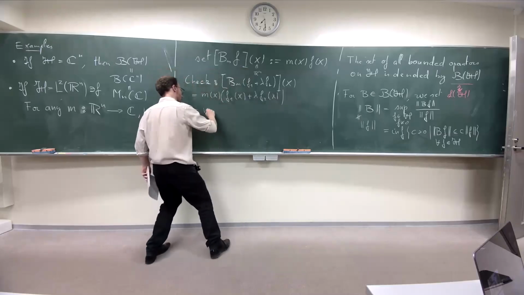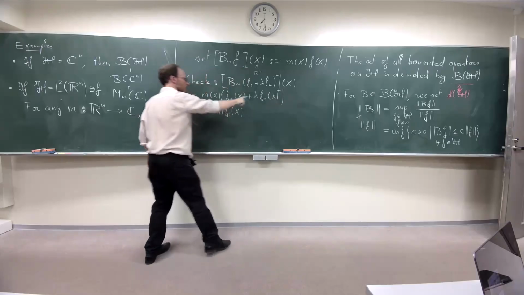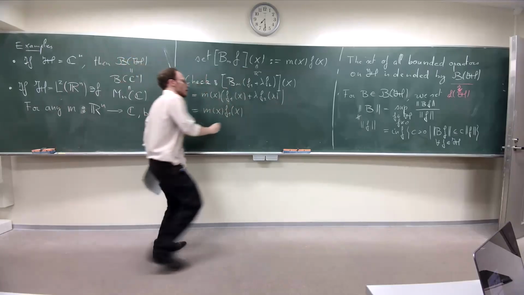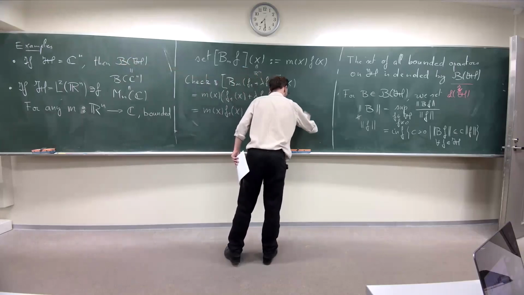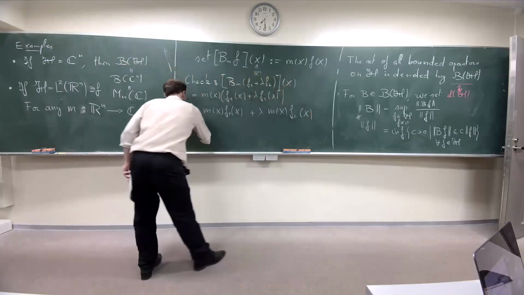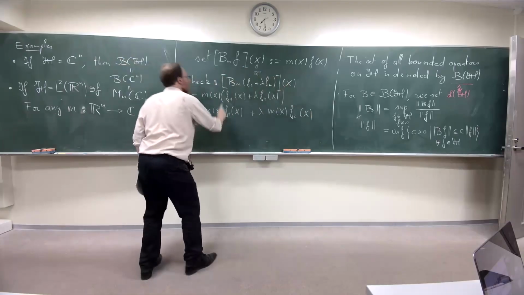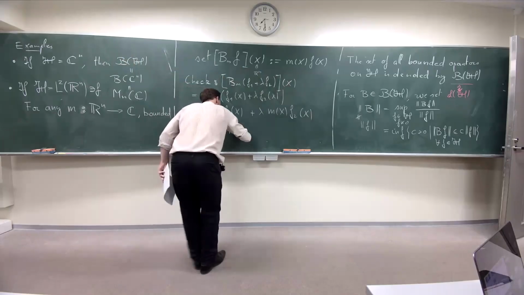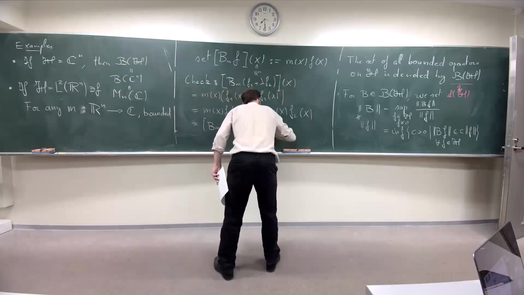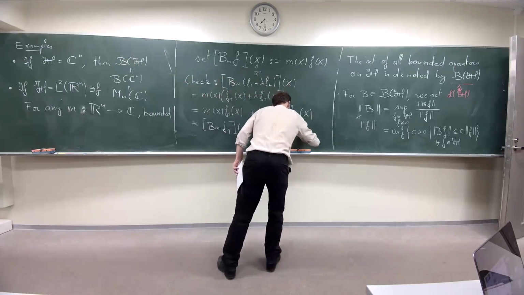This is m of x, f1 of x. This is just a multiplication of numbers, plus lambda m of x f2 of x, which is nothing but B_M f1 evaluated at x plus lambda B_M f2 evaluated at x.